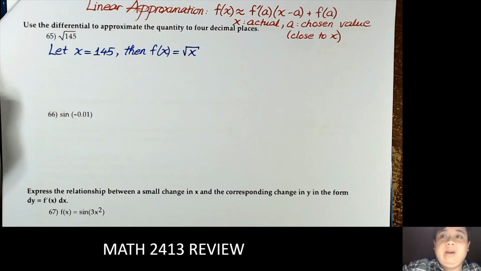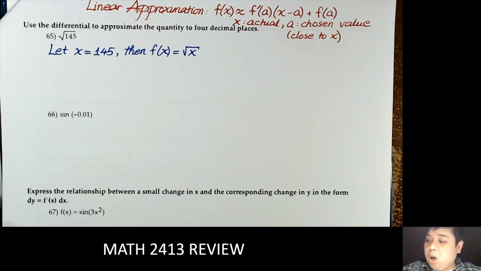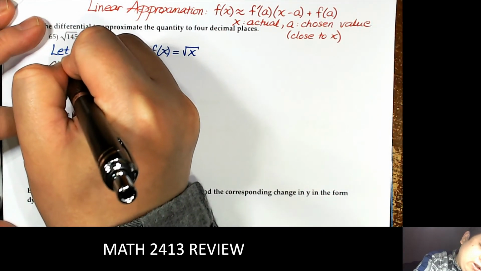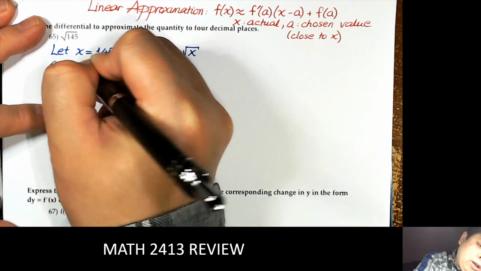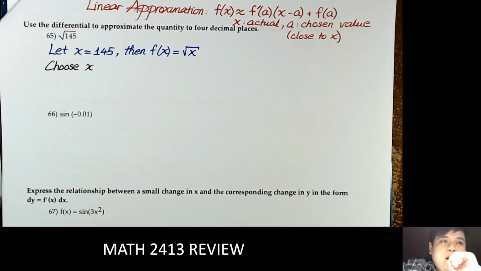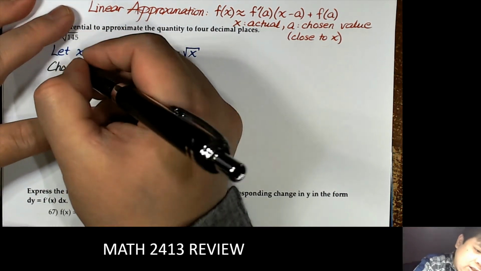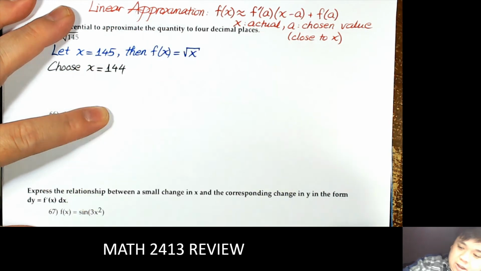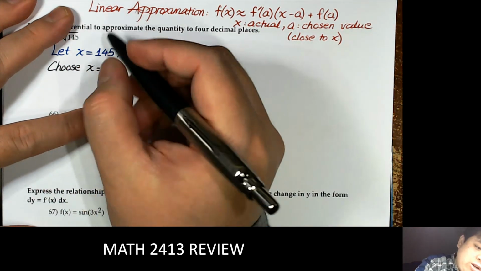And then we choose the value. We choose something that is close to it, but the value is very nice to calculate. So I will choose something whose square root comes out nice and even. So something close to 145 as well. How about square root of 144? Because square root of 144 is 12.